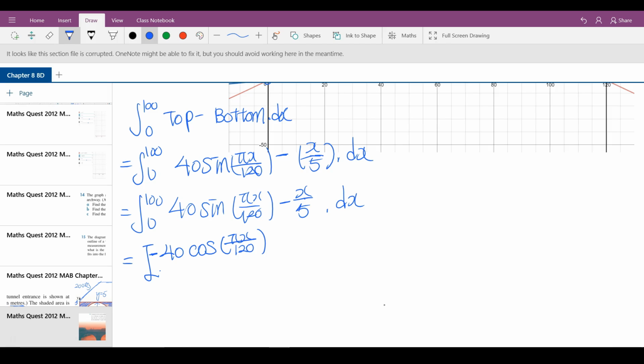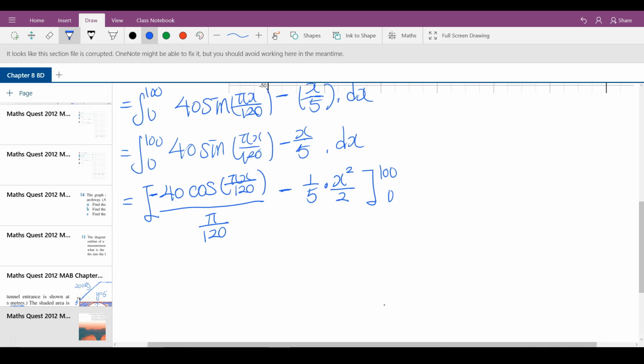Then we divide by the derivative of the bracket, which is pi over 120. The other part is just 1 over 5, so let's take the 1/5 out, multiplied by the integral of x, which is x squared over 2, from 0 to 100.